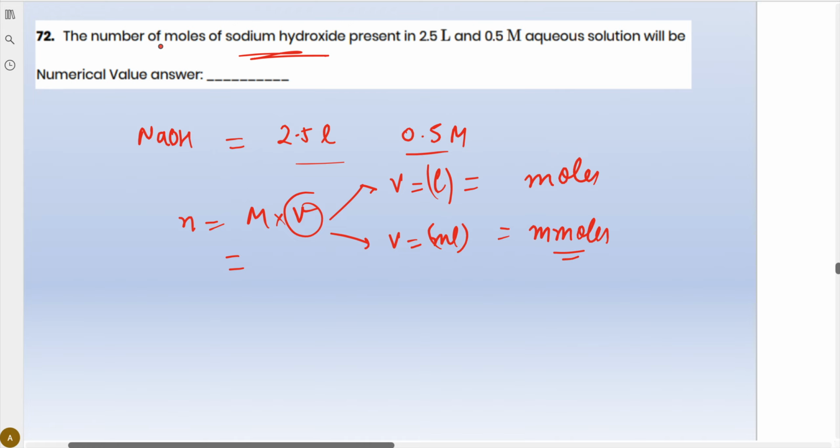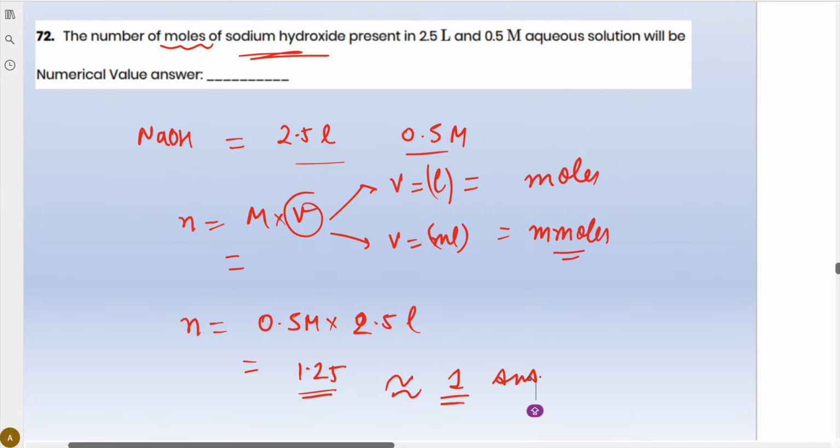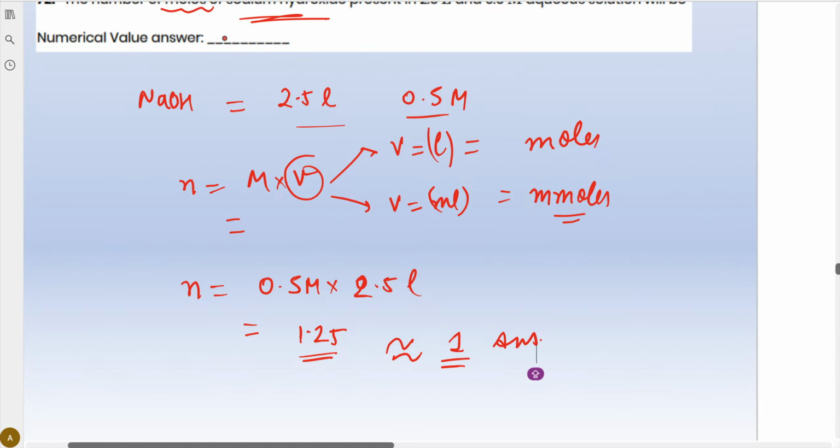And if moles are asked, convert. So here number of moles will be molarity 0.5 molar and volume 2.5 liters. The answer will be 1.25, and if you round off this value, the answer will come 1. So for this numerical answer type, the answer will be 1.